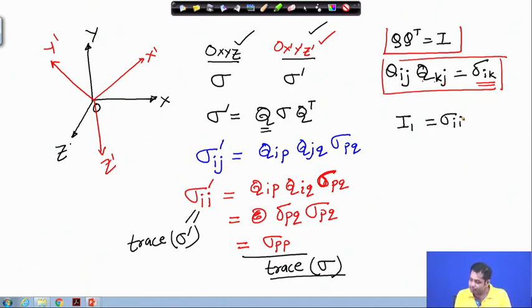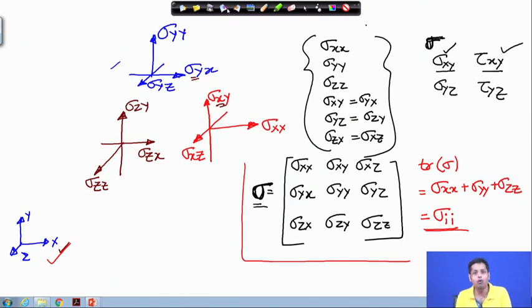Similarly, the other two invariants: I2, the second invariant, is the sum of the cofactors of this matrix. What is the sum of the cofactors?